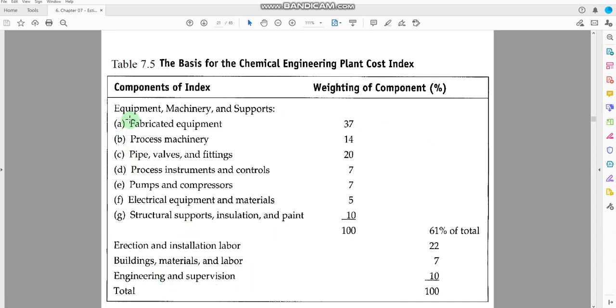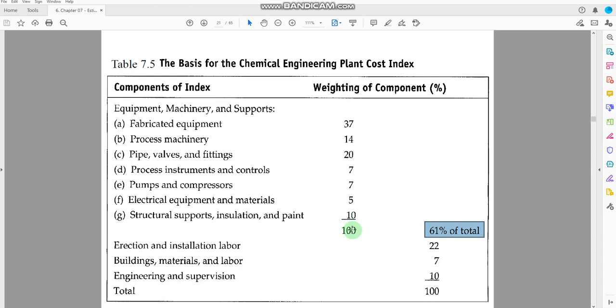So maybe they have to consider the fabrication cost up to 37%, process machinery up to 14%, pipes, valves, fittings cost 20%, process instruments and controls 7%, pumps and compressors 7%, electrical equipment and materials 5%, structural support and installation paint 10%. Okay, so this makes 100%, but while calculating the cost index, we have to take 61% of this 100%.